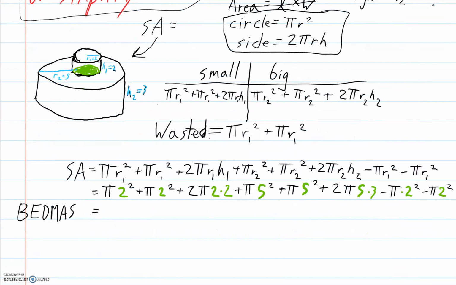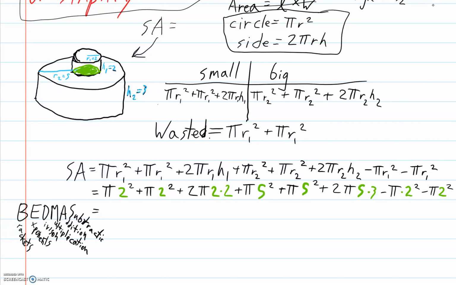If you haven't looked at that yet, B stands for brackets, which we don't have any, then exponents, division, multiplication, addition, subtraction.